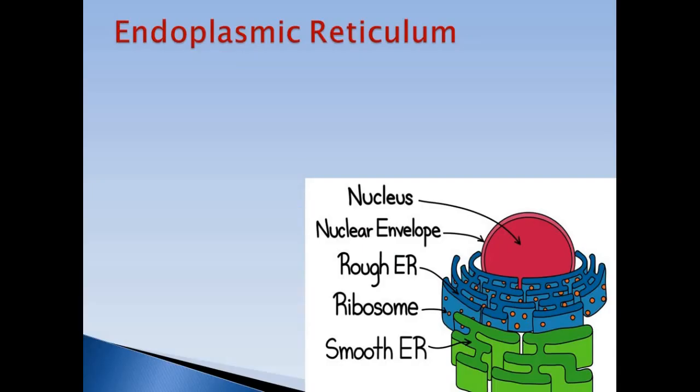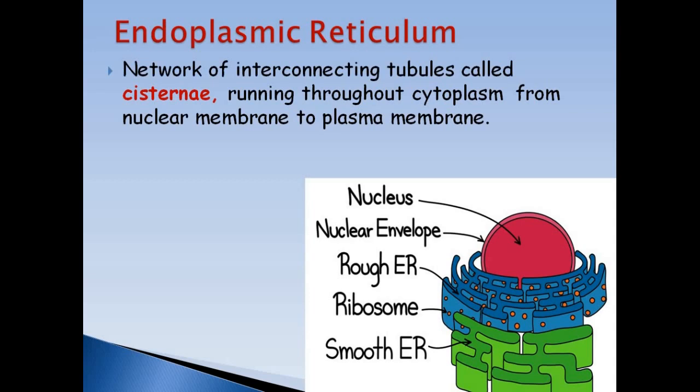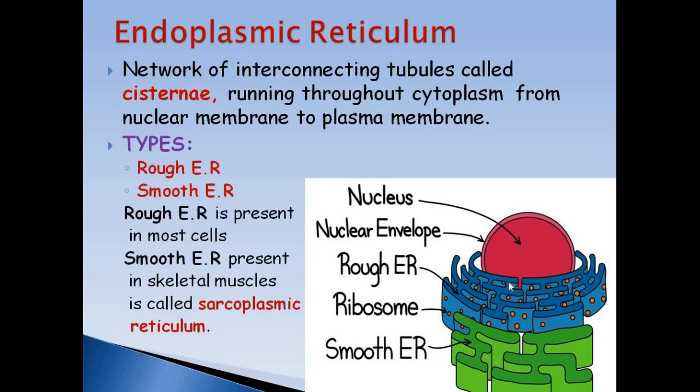Now the first organelle is endoplasmic reticulum. Endoplasmic reticulum is a network of interconnecting tubules which are running throughout the cytoplasm from nucleus up to the plasma membrane. And these tubules are called cisternae. There are two types of endoplasmic reticulum: rough endoplasmic reticulum and smooth endoplasmic reticulum.